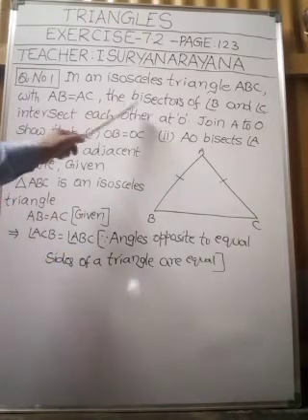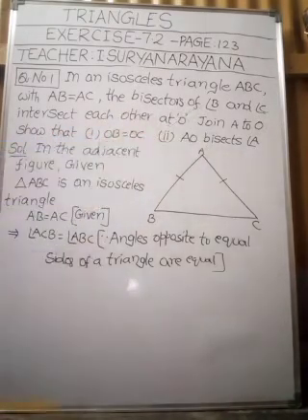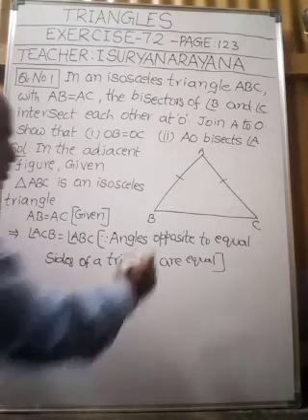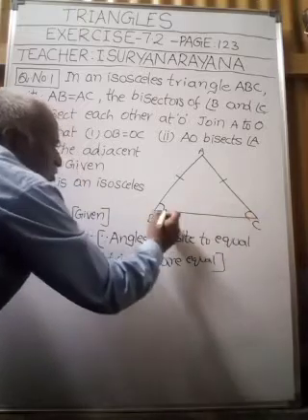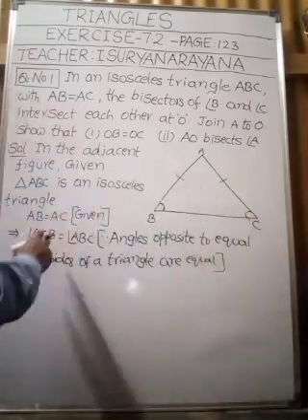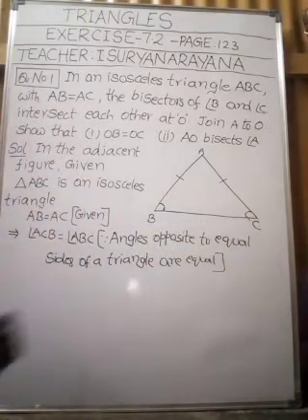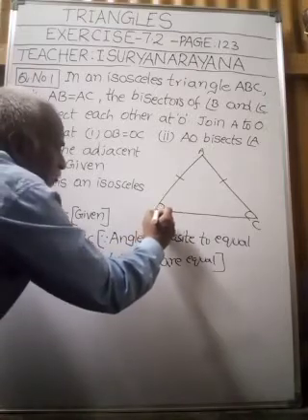Now, what is given? The bisectors of angle B and angle C. Here these two angles are equal: angle B is equal to angle C, or angle ABC is equal to angle ACB.